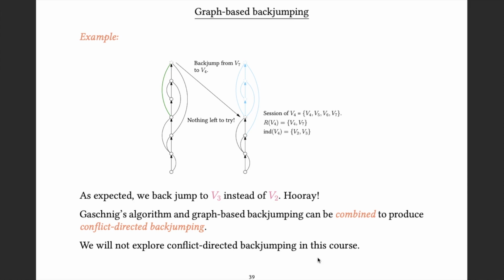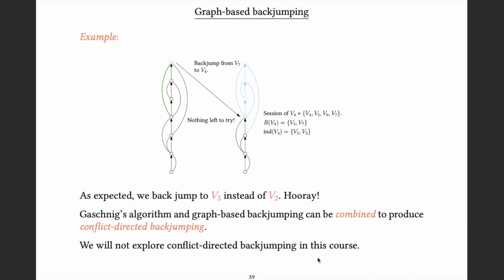The next step is to take the ancestors of v4 and the ancestors of v7. v4 has only one ancestor, and that's v2. v7 has ancestors v4 and v3. We take the ancestors which precede the variable we've backjumped to in the sequence. That gives us the induced ancestors for v4, which is the collection v2, v3.